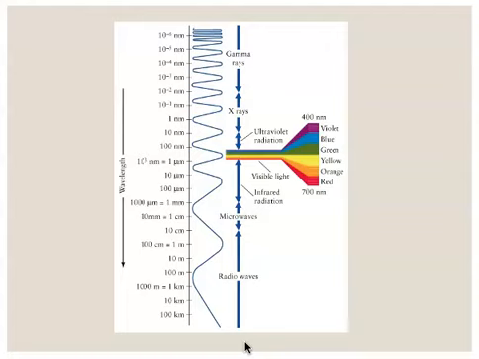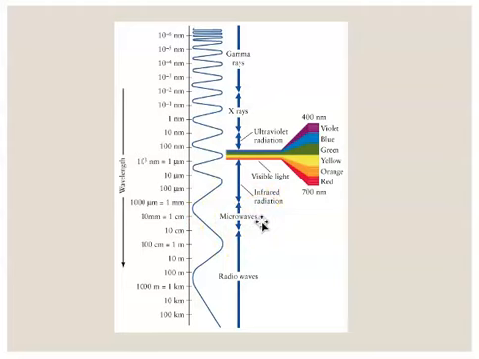We know that radio waves can travel a long distance, but we also know that they're not capable of penetrating tissue, for example. Above radio waves, we find microwaves with still a relatively long wavelength, but shorter than radio waves.